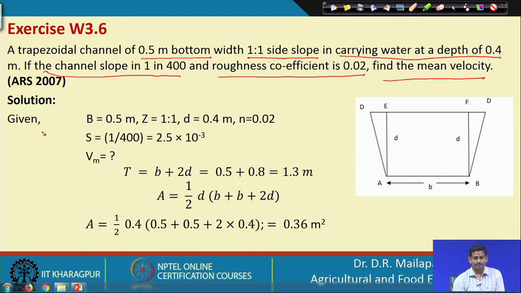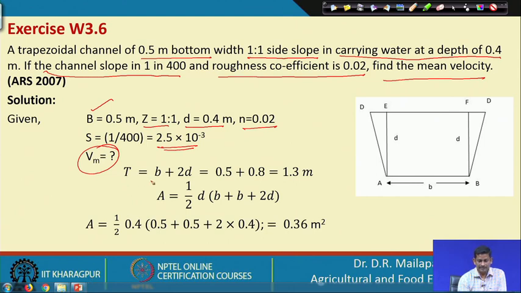Since it is a trapezoidal channel, B is 0.5, this is the bottom width, Z is 1:1, D is 0.4, this is depth, and n is Manning's roughness coefficient. S is equal to 1 by 400, that is 2.5 into 10 power minus 3. Find out what is Vm.